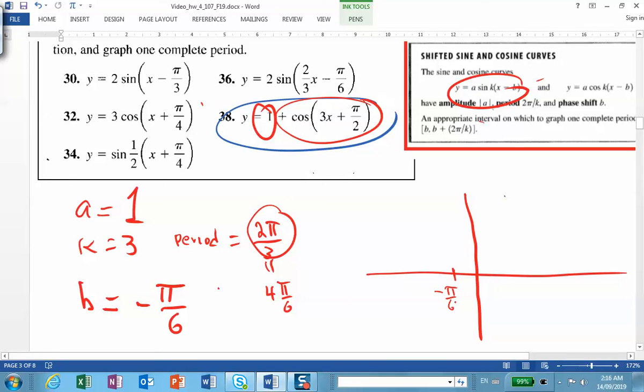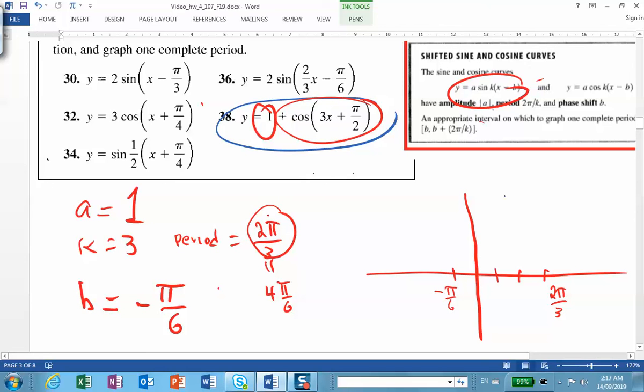So I go there, and there, and there, and this is going to be 2 pi over 3. Just a second. This is the period.